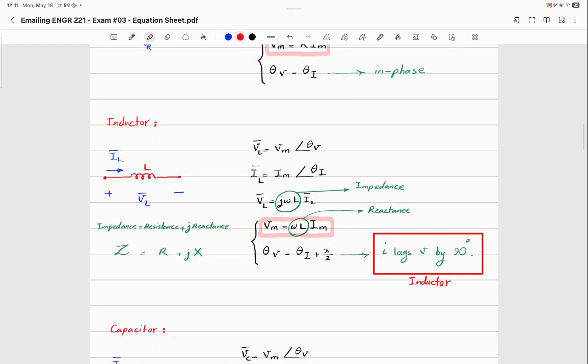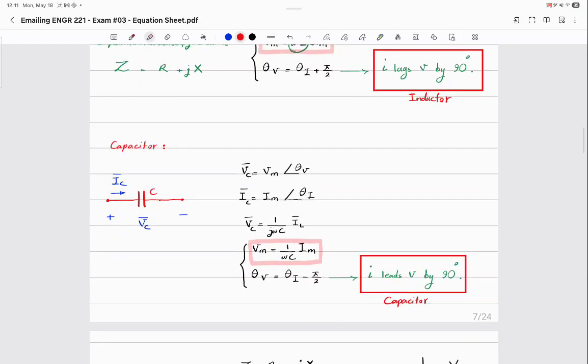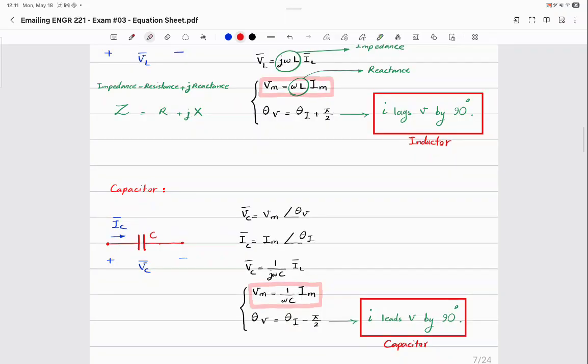Remember, in inductors, current lags voltage by 90 degrees. So I can say voltage leads current by 90 degrees. They are the same thing, right? Current lags voltage or voltage leads current, they are the same statement. For a capacitor, current leads voltage by 90 degrees.